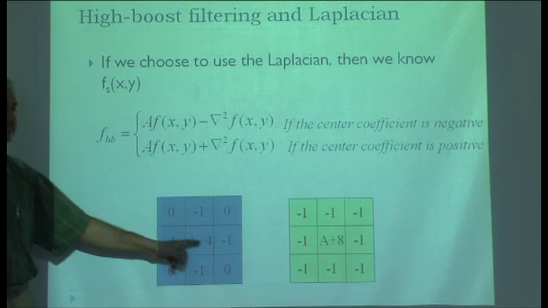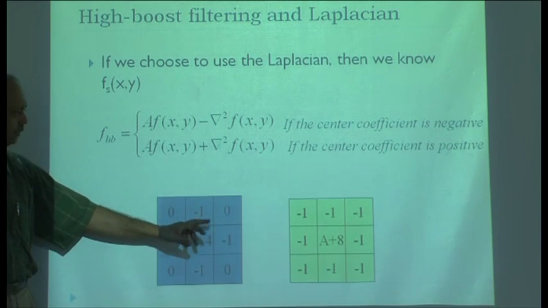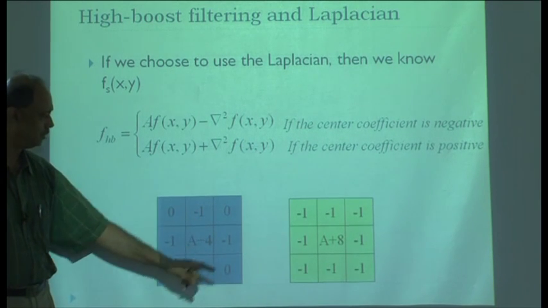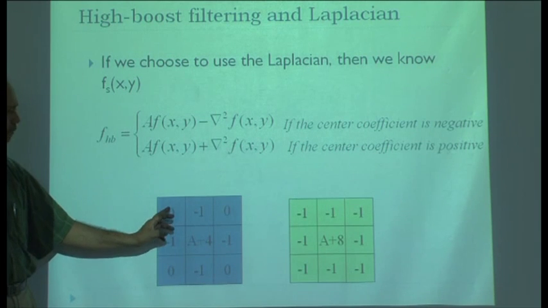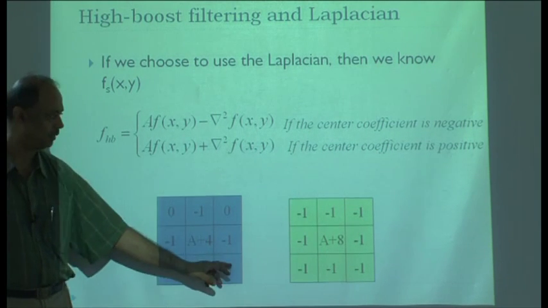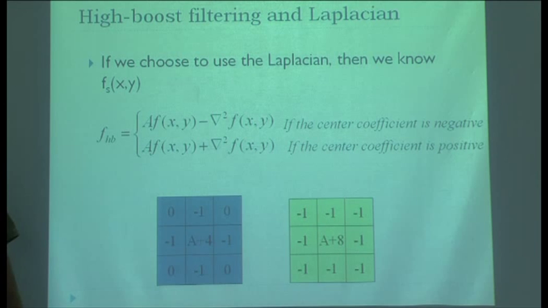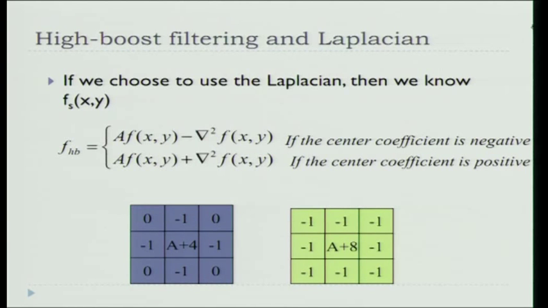If I consider the diagonals, then the corners become minus 1 as well. And if I consider 8 directions, you get minus 1, minus 1, minus 1; minus 1, A plus 8, minus 1; minus 1, minus 1, minus 1.